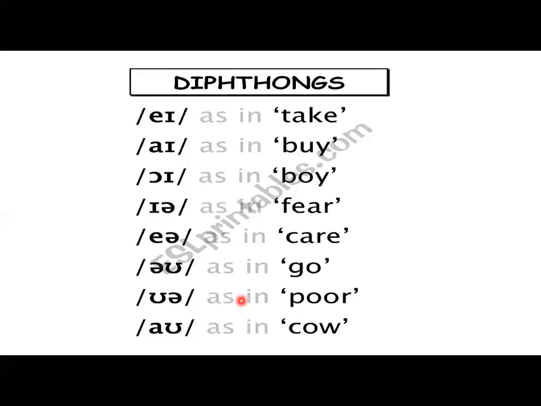Then ow, the last diphthong is ow. It's the combination of a plus u, and it becomes ow. For example, in words like cow, C-O-W, k plus ow becomes cow. So here before or after the k sound, ow is used. In the spelling we write C-O-W, but when we read this word, we read it as cow.